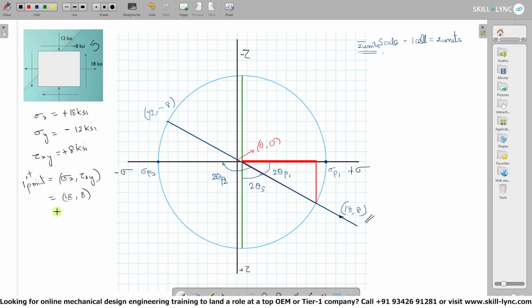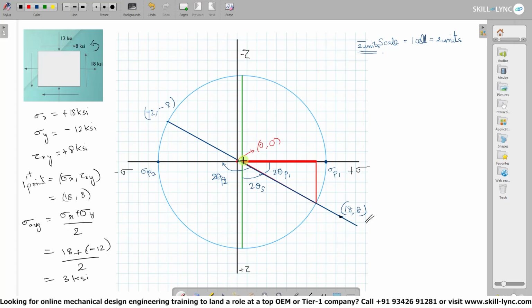So to figure out the center point, we'll have to calculate the average stress, which is sigma average. That will be equal to sigma x plus sigma y divided by 2. And from the given values, we know that 18 plus minus 12 by 2 is equal to 3 ksi.